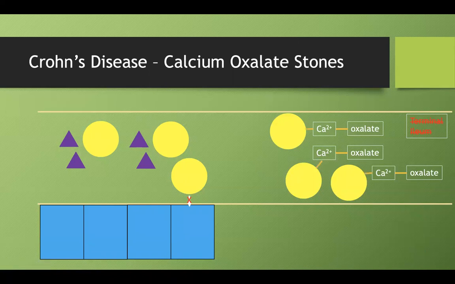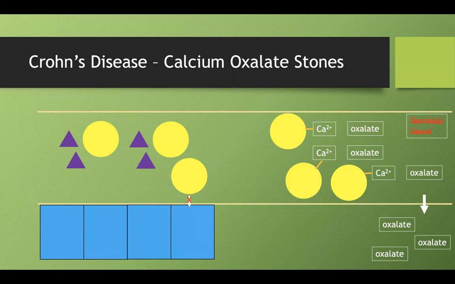And when they bind to calcium, calcium loses its grip on these oxalate molecules. Because of that, oxalate's able to freely diffuse into our bloodstream. So you get all this oxalate that's entered into your bloodstream that really wasn't supposed to be there. It was supposed to have just been excreted, bound to calcium, and nothing would have happened.